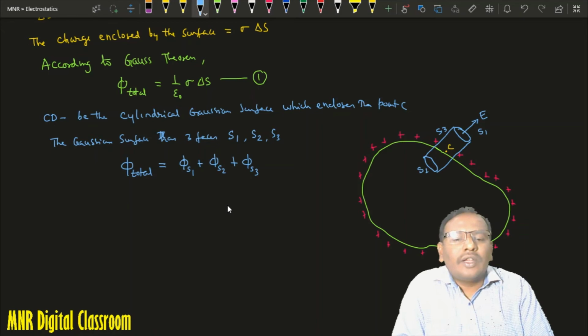So we have to evaluate the flux emerging from the three surfaces to find the total flux.